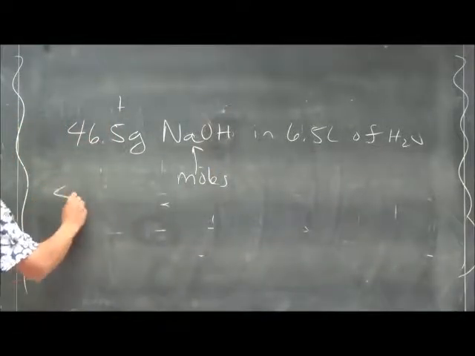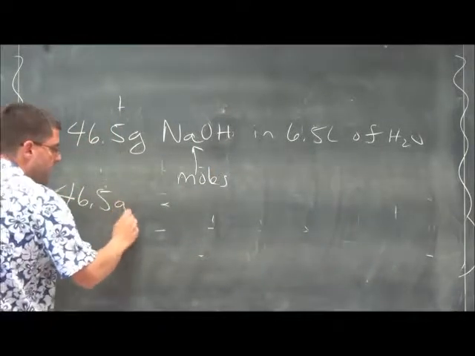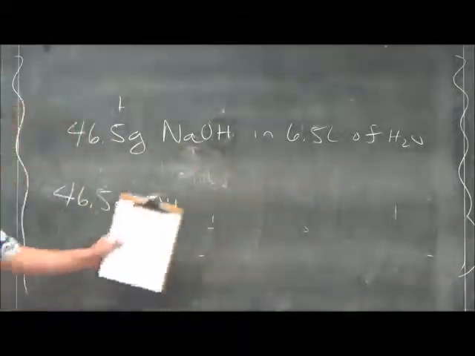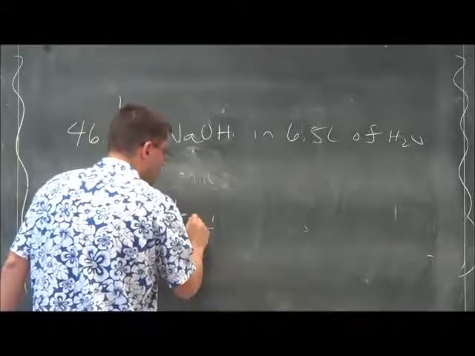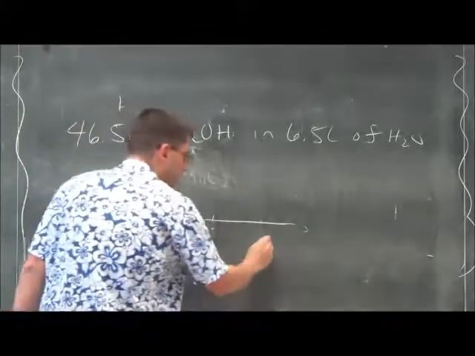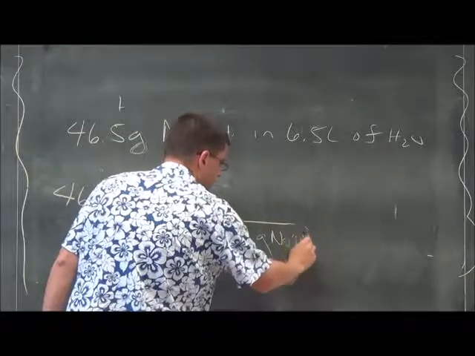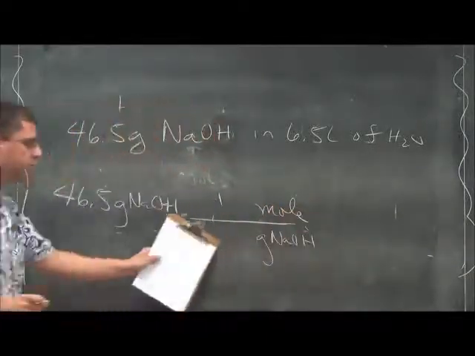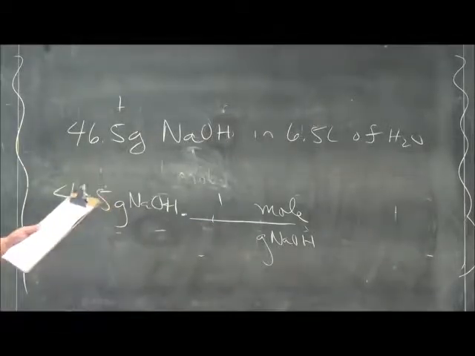So you write down 46.5 grams of NaOH. Convert to moles. Multiply it. What unit goes down there? Mass in grams over 1 mole. What's the molar mass of sodium hydroxide?